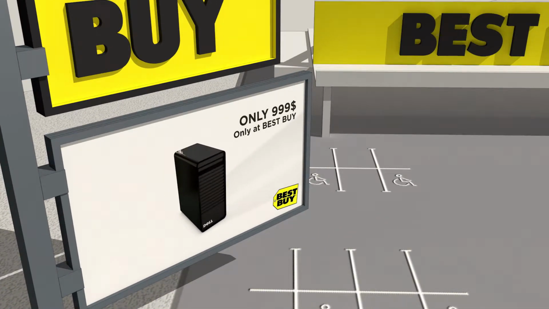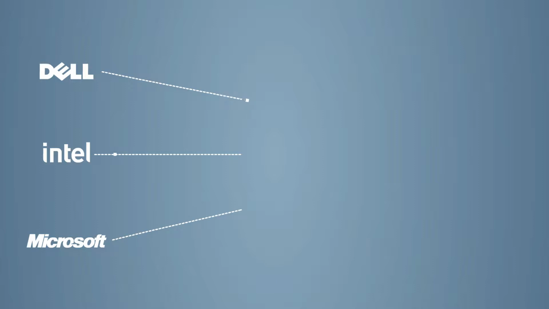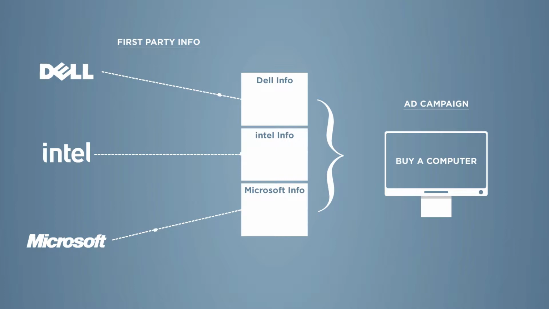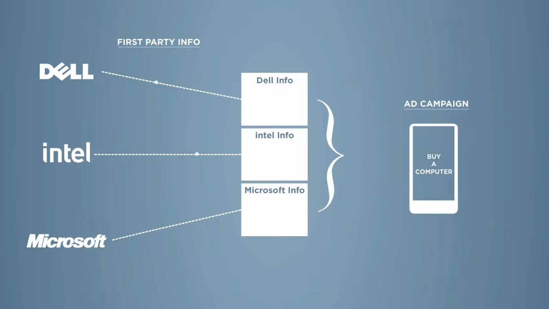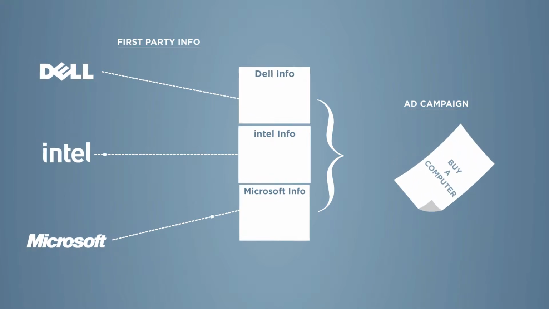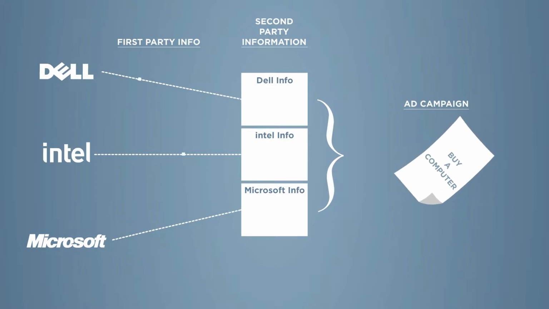They might combine all of their information, pooling it together temporarily to run an advertising campaign targeting people at different stages of buying a personal computer. So they pool all that information, put it into a database, and then use that second-party information to target customers and get them to buy their products.